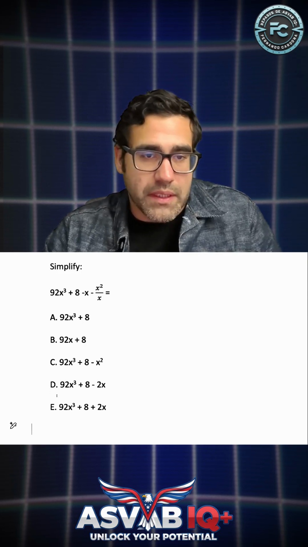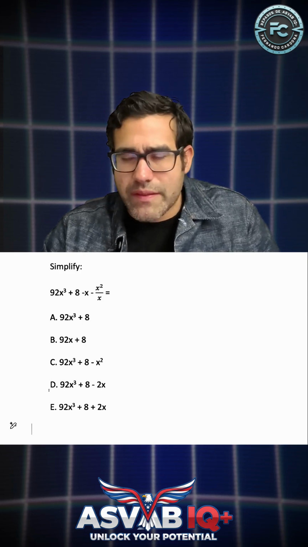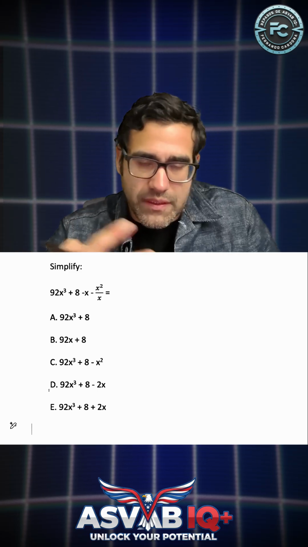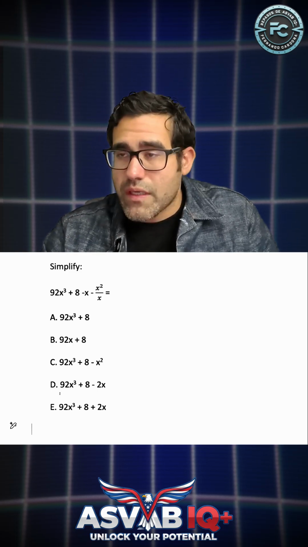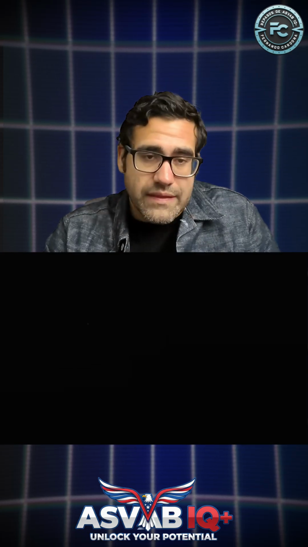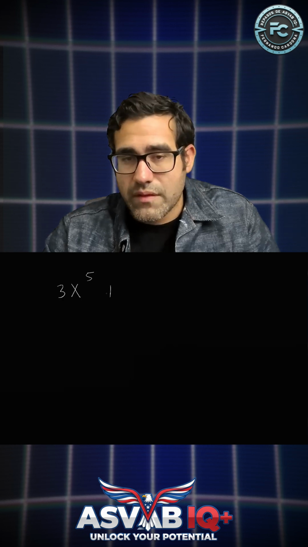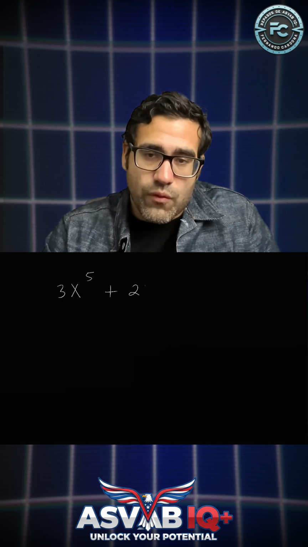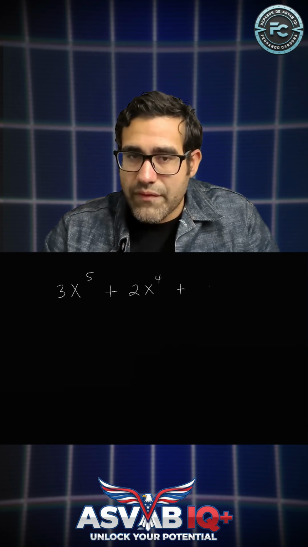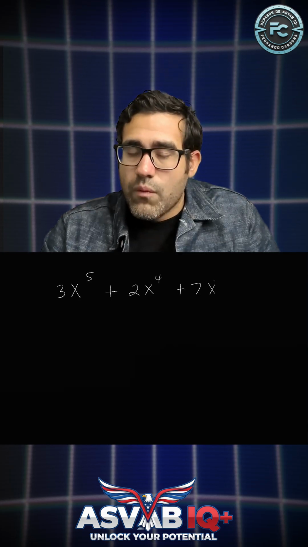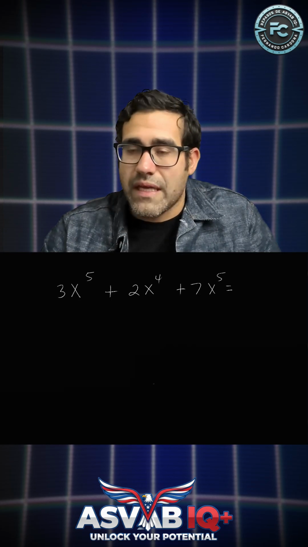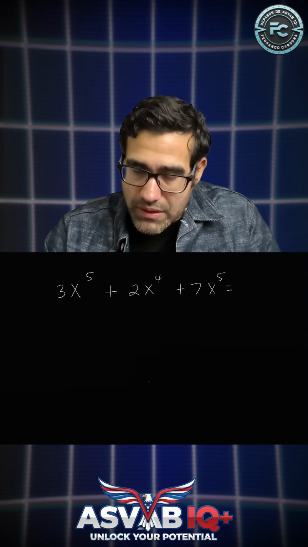Let's write it. First, let me explain a few concepts. To be able to understand this, we need to know a few concepts. First concept we need to know is that when you add letters, for example, if I have 3x^5 plus 2x^4 plus 7x^5, when you add letters, it has to be same letter, same exponent.